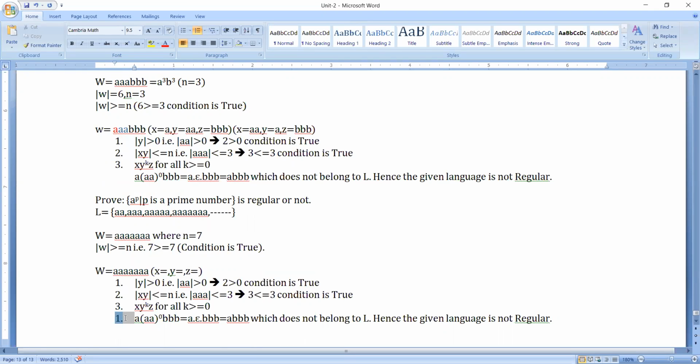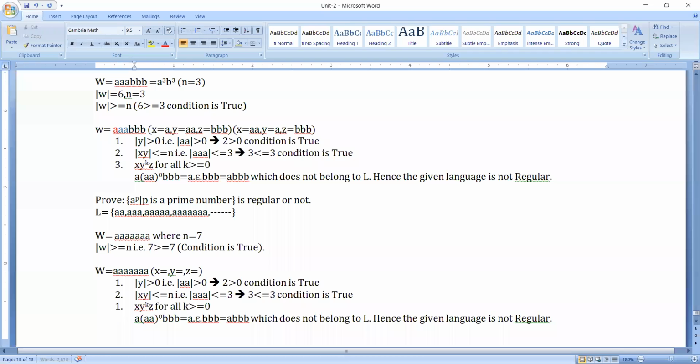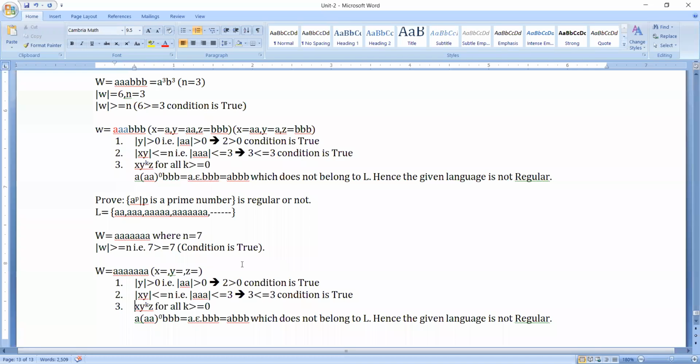So let us check that one. Select some y value so that this y should not be equivalent to 0. Now what I am doing, just observe.